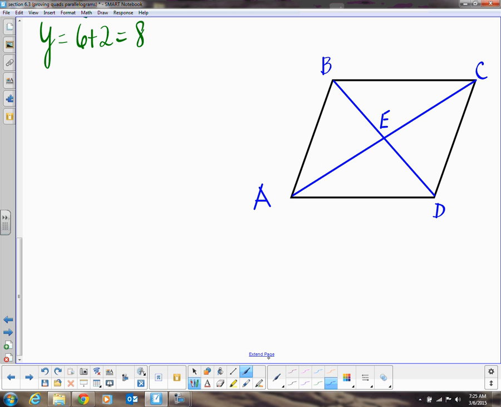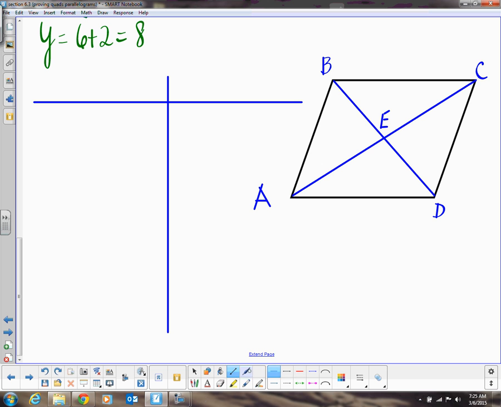What did they give us? They told us that ABCD is a what? Parallelogram. So now if we know it's a parallelogram, then that should tell us lots of stuff.